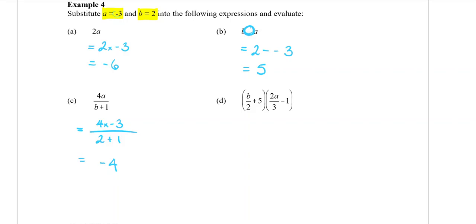And D, this is quite a big one, got 2 sets of brackets in here, but we can still do this in 2 lines of working out if we're very careful with how we write it out. So b over 2 would be 2 over 2 plus 5, close bracket, open bracket. 2a is 2 times minus 3 over 3, minus 1, close bracket.